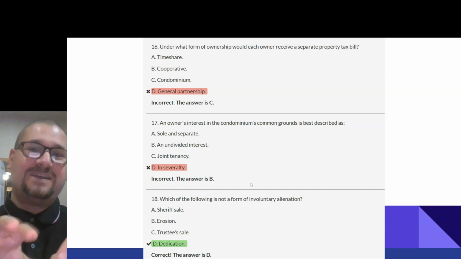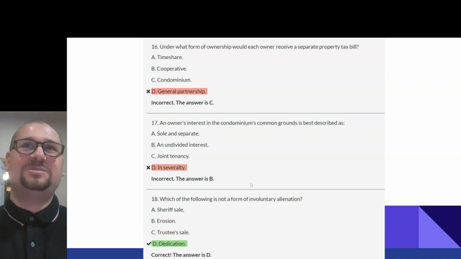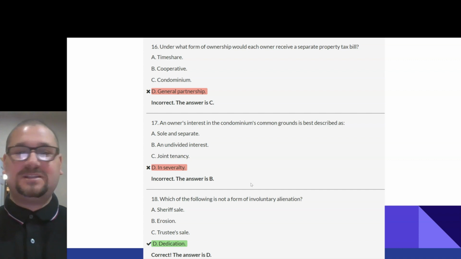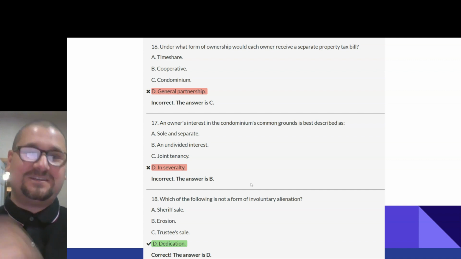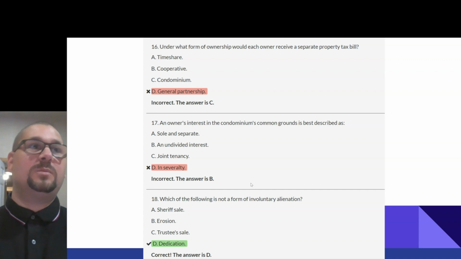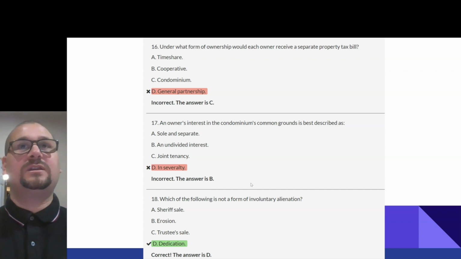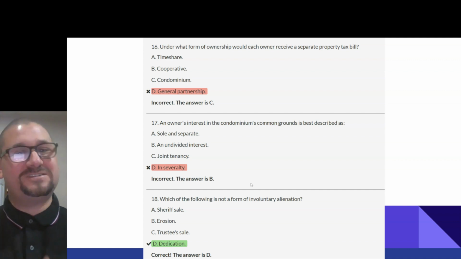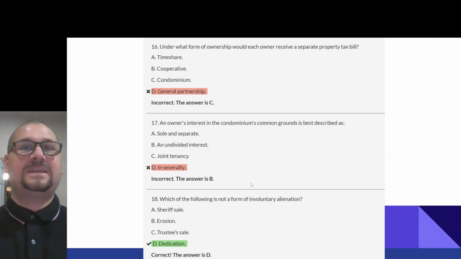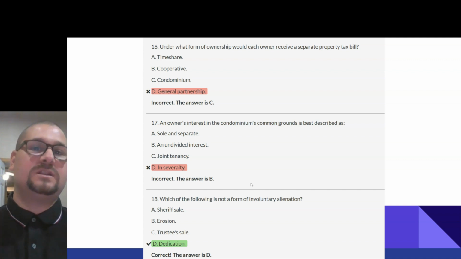A mortgage is something you volunteer for. So they want a not volunteering, so dedication. They're looking for something you volunteer for, right?